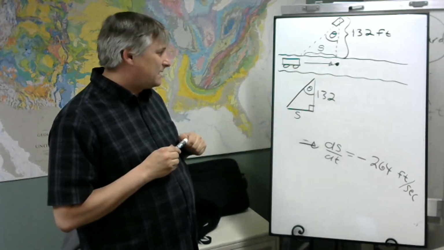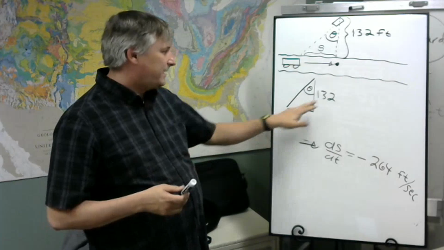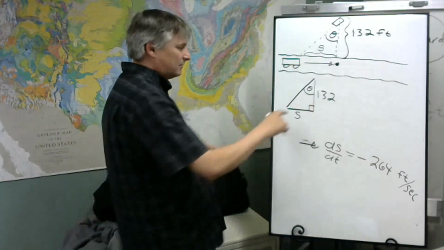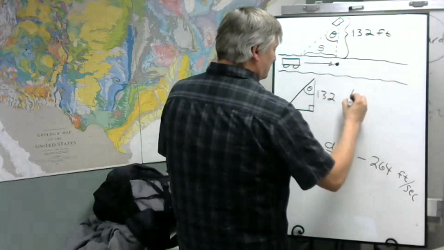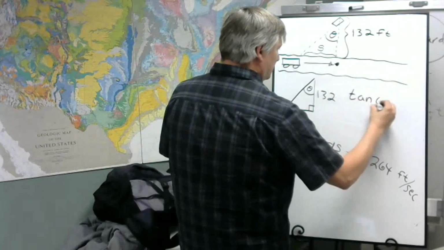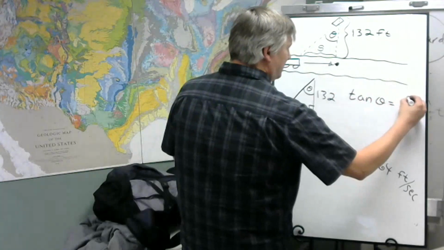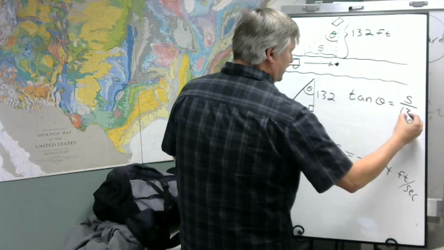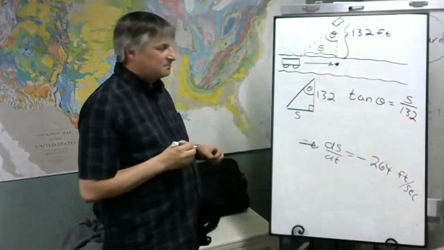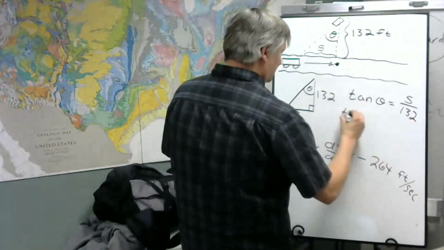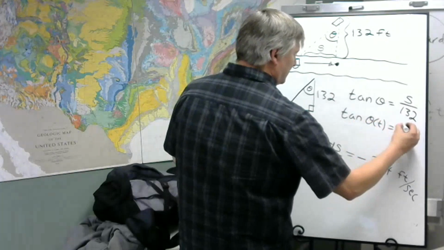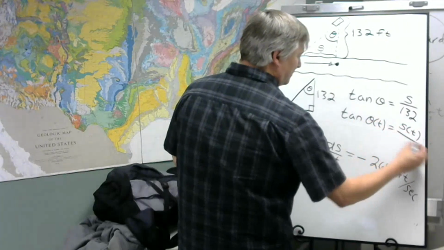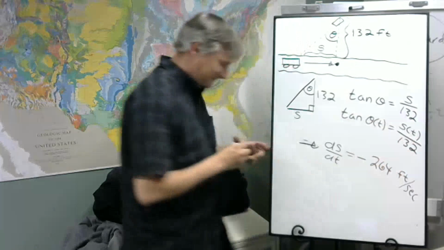So what's going to happen is relating these. So this is an opposite of theta. This is adjacent to theta. So we could use tangent of theta is opposite over adjacent. Or tangent theta of t equals s of t over 132.